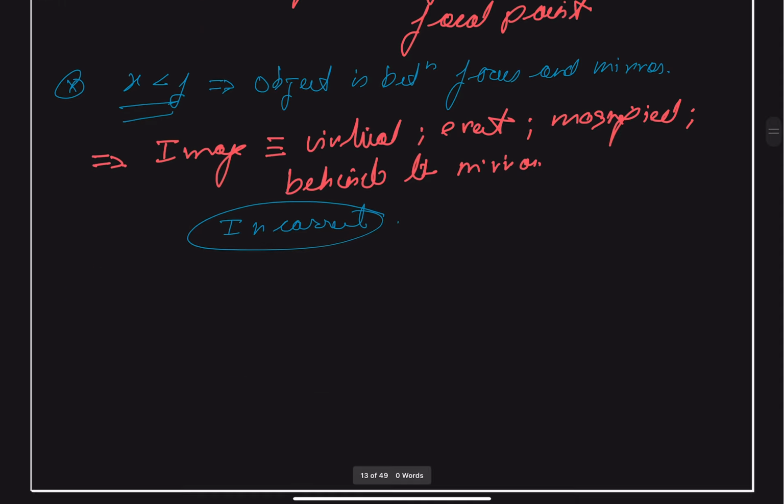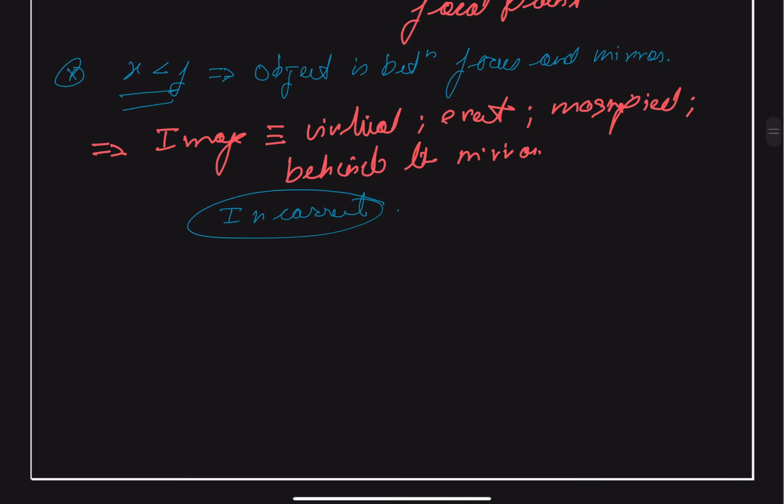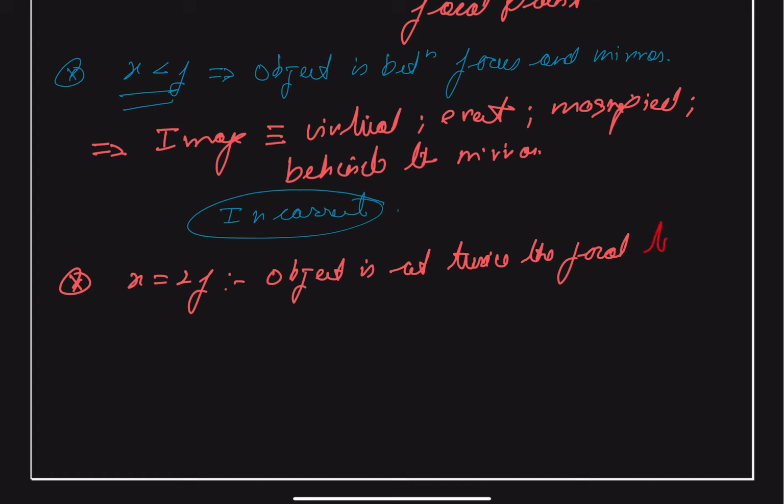Now we come to the next one. It says that x is equal to twice of f. It means the object is at twice the focal length.